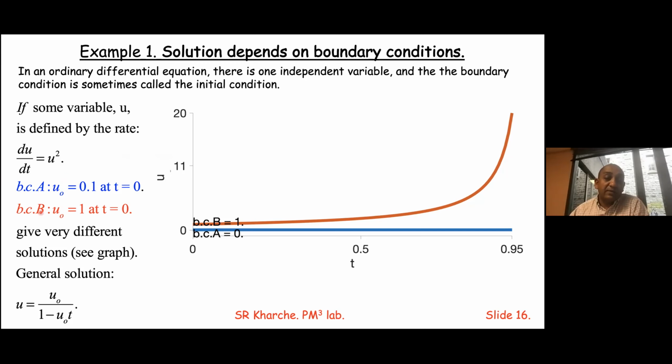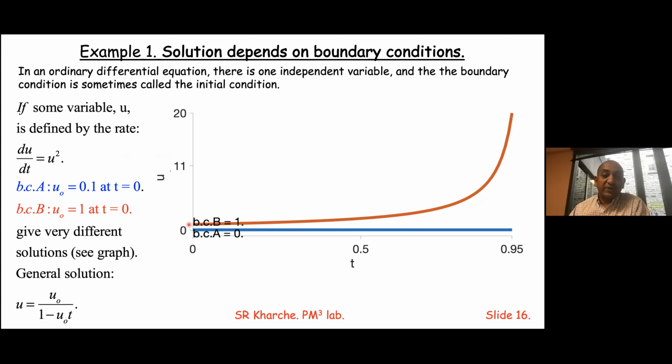And the other boundary condition, to contrast it with the blue one, I pick the initial value of u to be 1, something significantly different from 0.1. And I solve this differential equation for you using each of these boundary conditions. For the blue initial condition, I get the solution shown by this blue line in the graph.